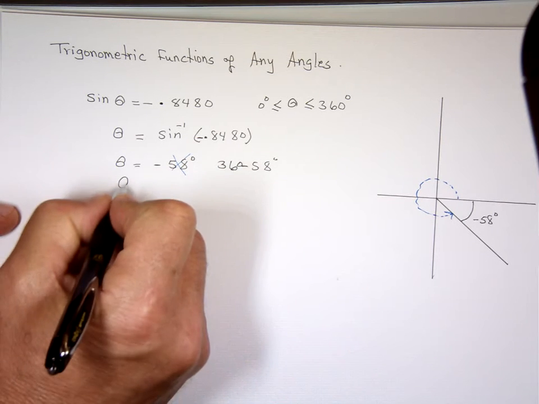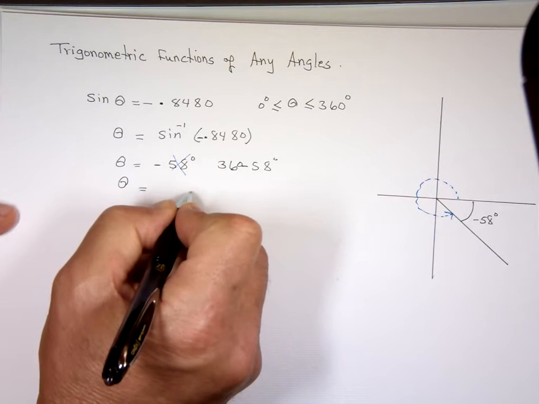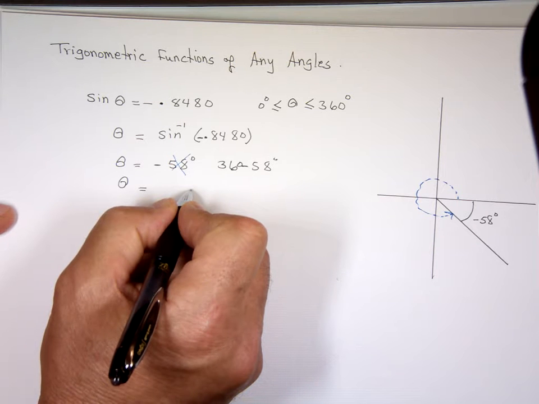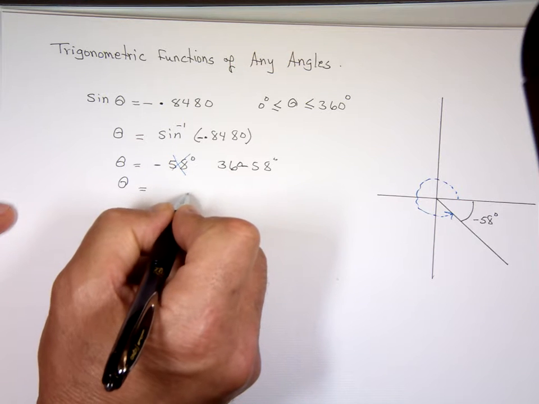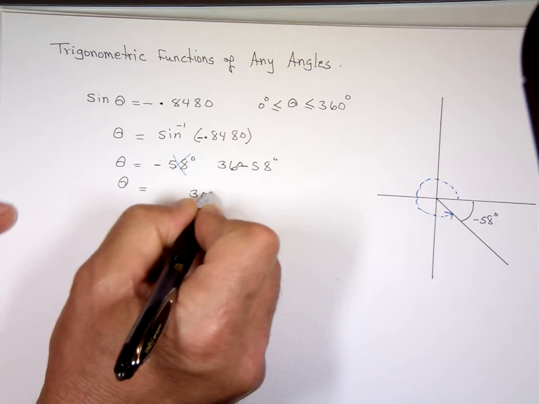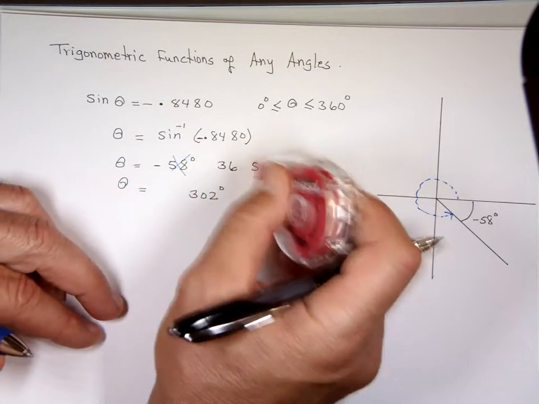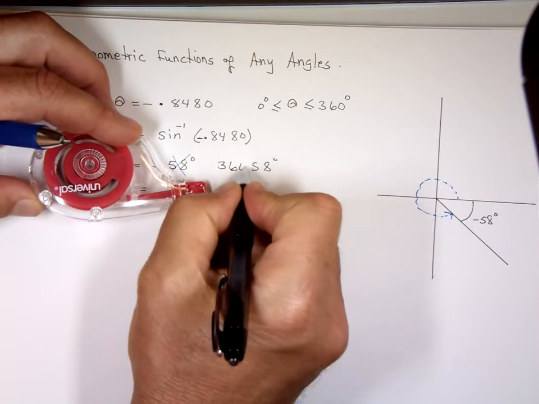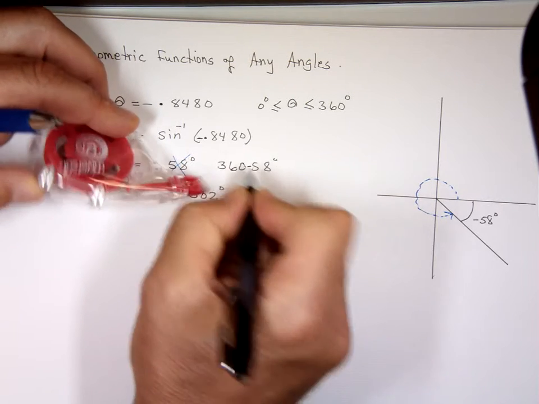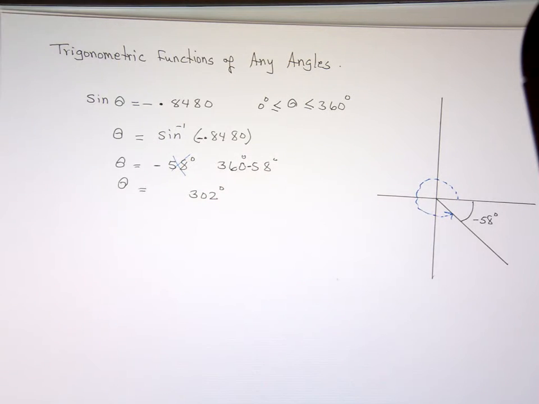So theta will have to be what? What's 360 minus 58? Is it 302? So 360 minus 58. That's still not the right answer.